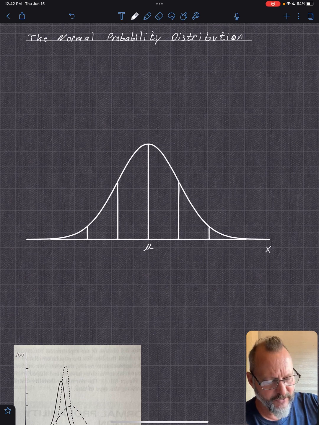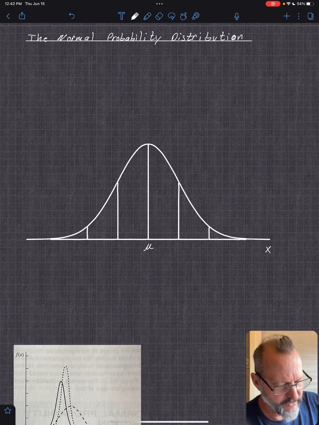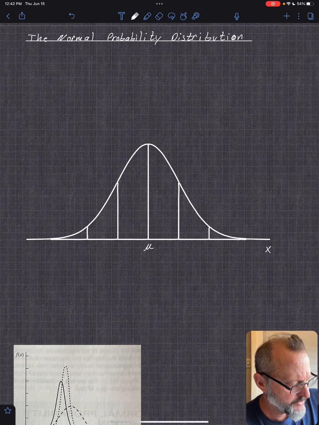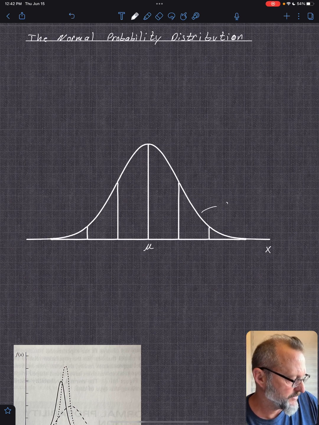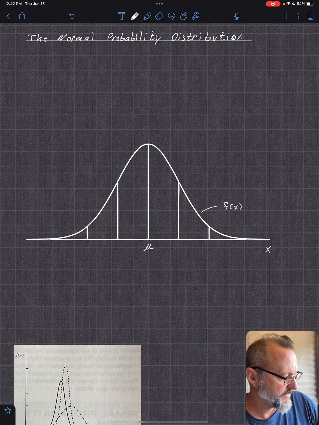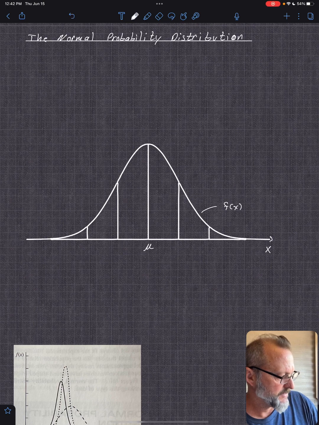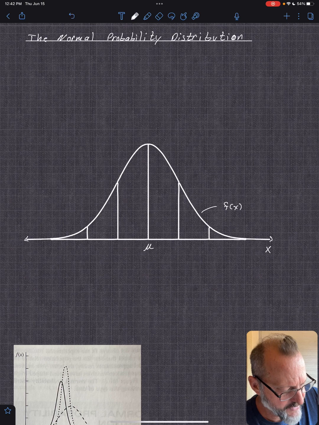So the function, I'm going to show you what it looks like. The function that creates this is your f of x, and that approaches positive and negative infinity. It looks like this.